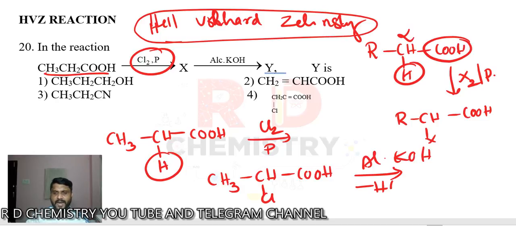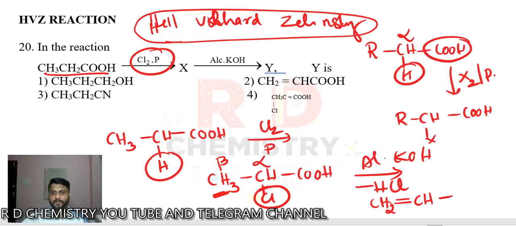It removes hydrogen and chlorine from neighboring carbon atoms. Chlorine is already there, so it removes the hydrogen from the neighboring carbon atom, the beta. So it becomes CH2 double bond CH COOH. This should be the answer, so that is option number 2.